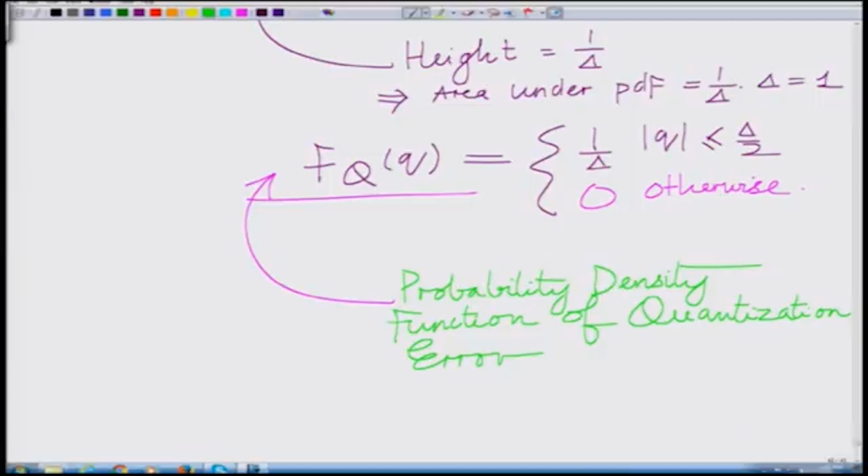So, it is a uniform probability density function in minus delta by 2 to delta by 2, which means it has a height of 1 over delta in that interval.